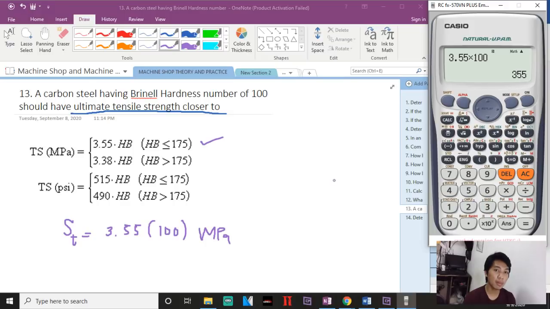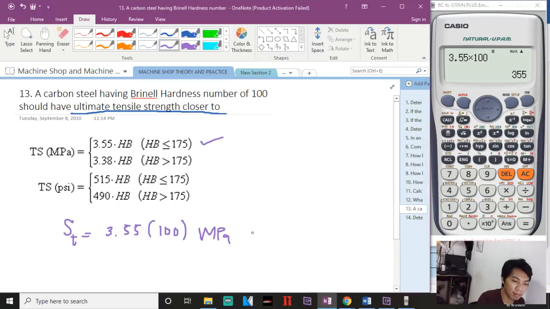Ano naman ang pinakamalambot na material sa buong mundo? That is talc. Talcum powder. Softest material. Okay? So the answer is 355 MPa.